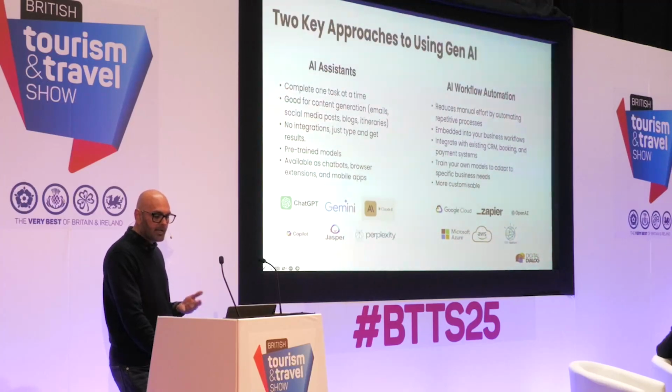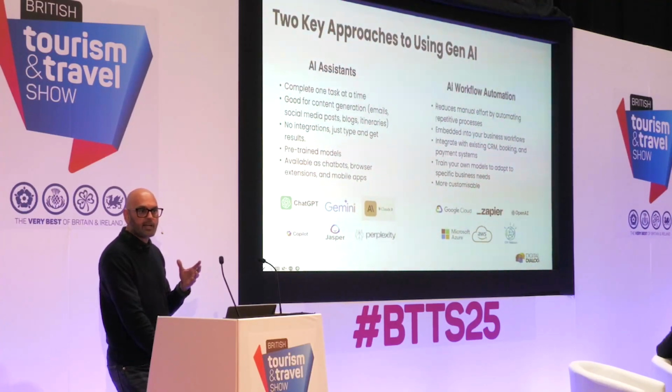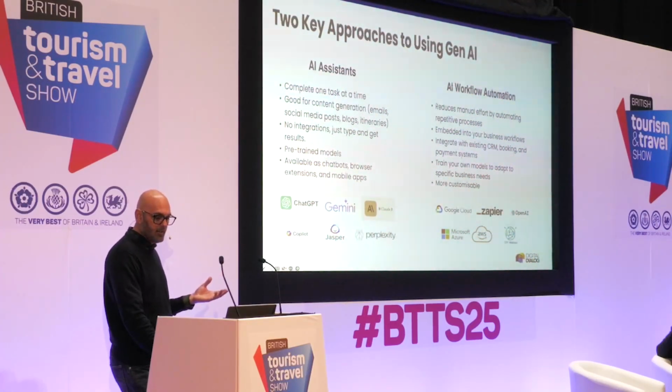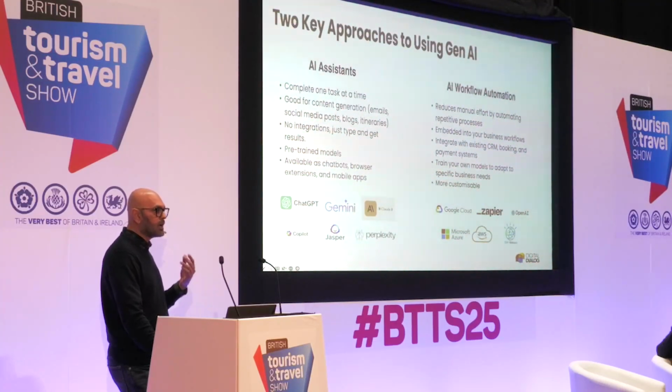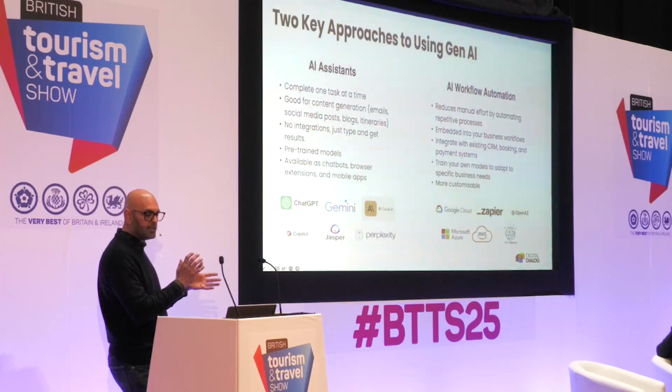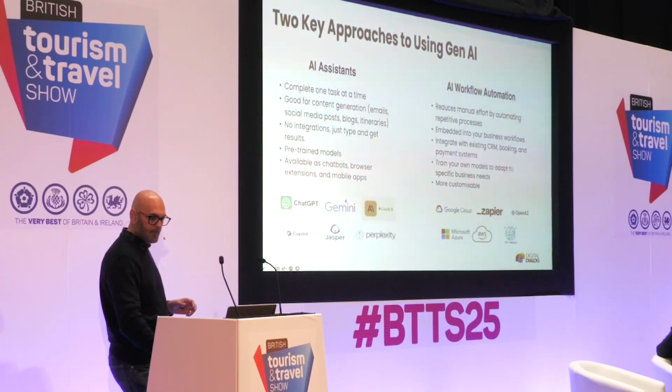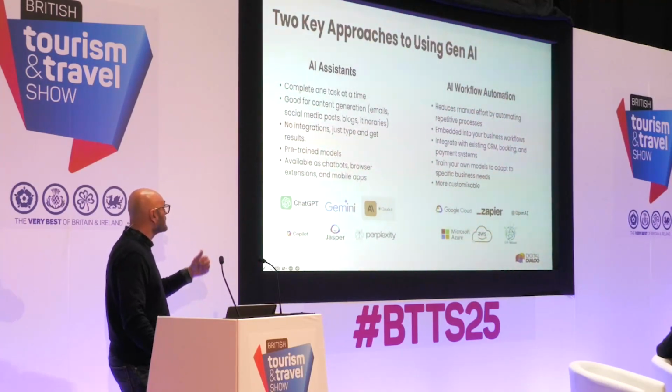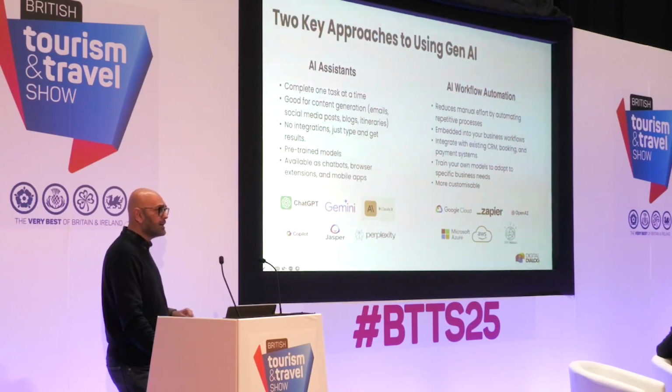And by pre-trained, I mean that they've been trained on a large data set and therefore can handle pretty much any general query you throw at it. Think of the training of a data set as a compressed version of the internet when the product was launched. And these are available as chatbots, and you got them on your mobile apps and all that. So that's your AI assistance. That's one way of using AI.